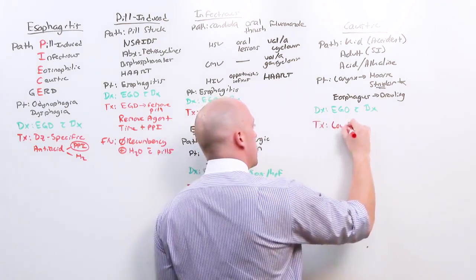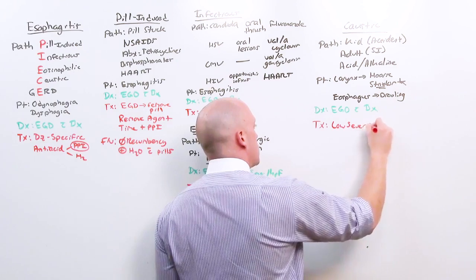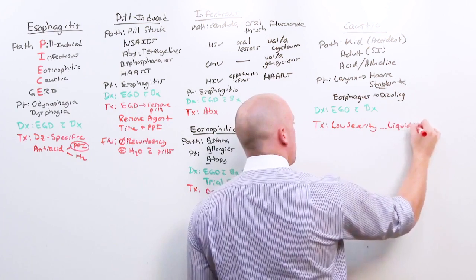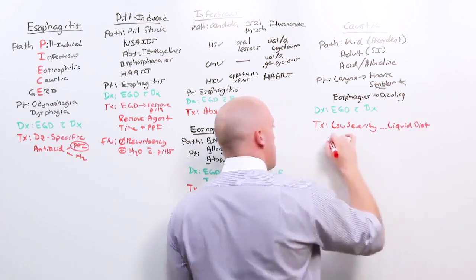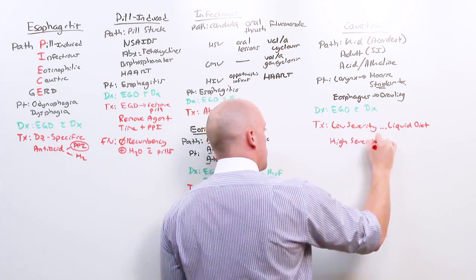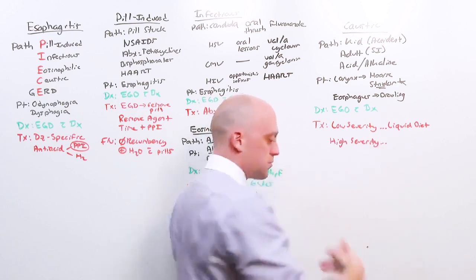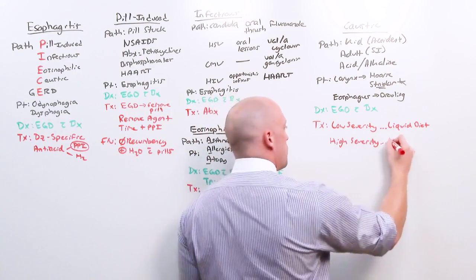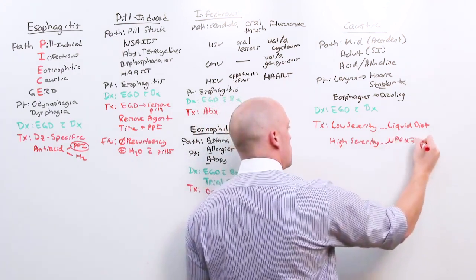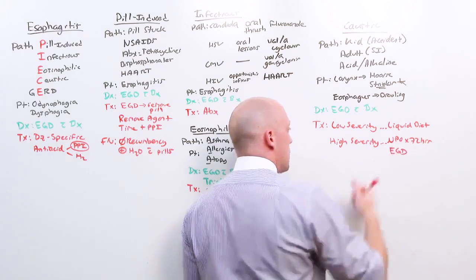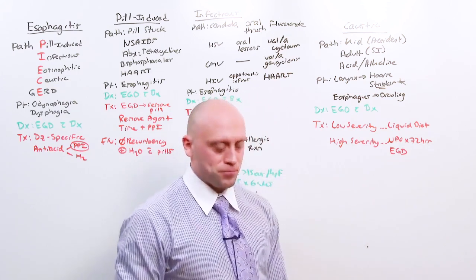If you have low severity, some mild inflammation, you can put them on a liquid diet and observe them. If it's high severity, what you're looking for is strictures, a really necrotic, black-looking esophagus. You keep them NPO for 72 hours and then repeat the EGD to see if they're ready to have food.